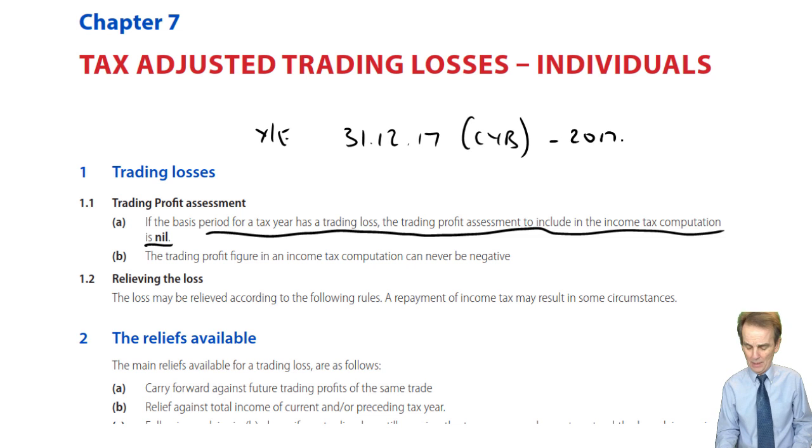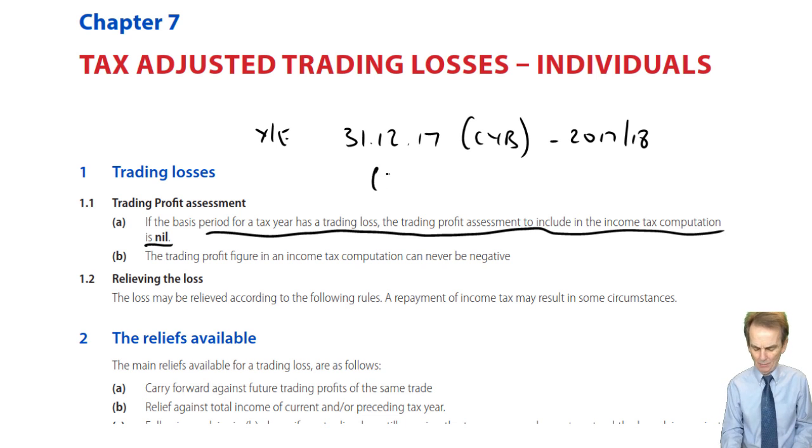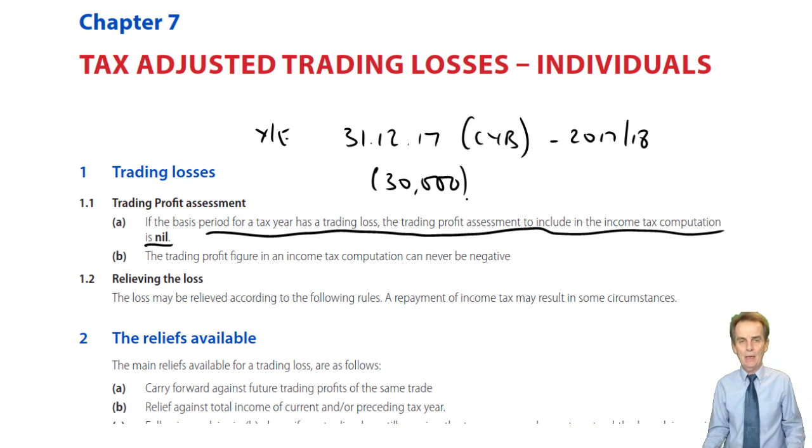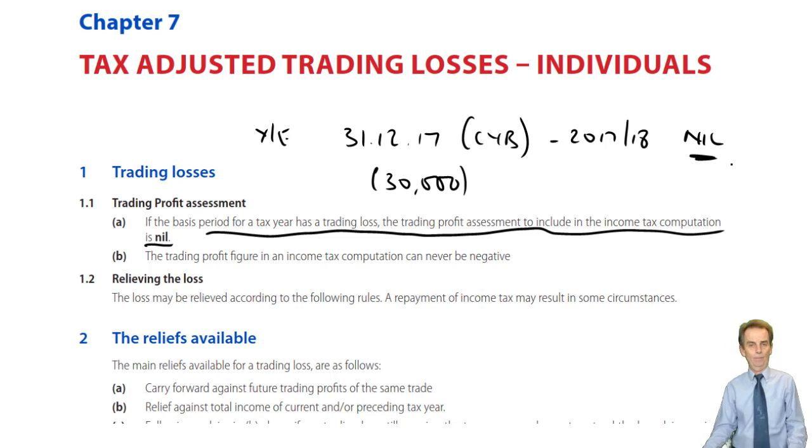It would therefore be assessed in 2017-18. And if that accounting period has given rise to a loss, we can make a number up, say £30,000 worth of trading loss, then on the income tax computation for this tax year 17-18, we put in nil. What we must then separately do is to consider what the various loss reliefs are.